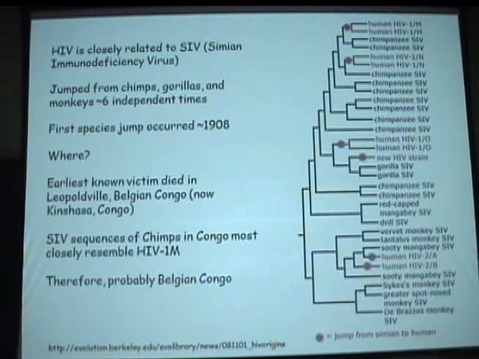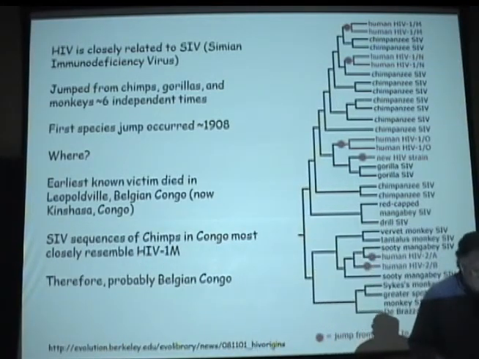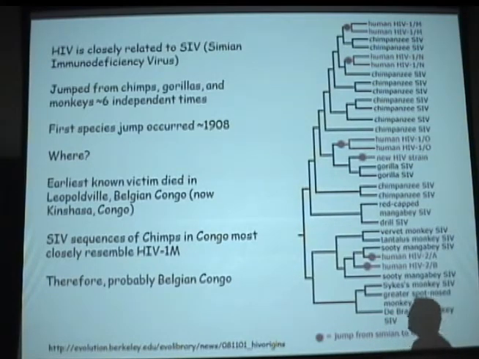We call it the simian immunodeficiency virus, but it does not cause serious consequences. SIV evolved into HIV probably more than once. The estimates are 6 times.